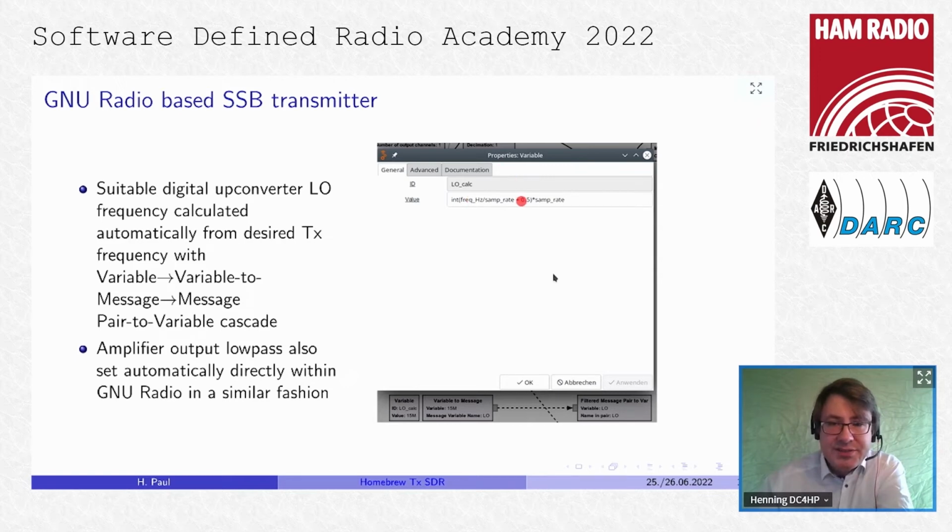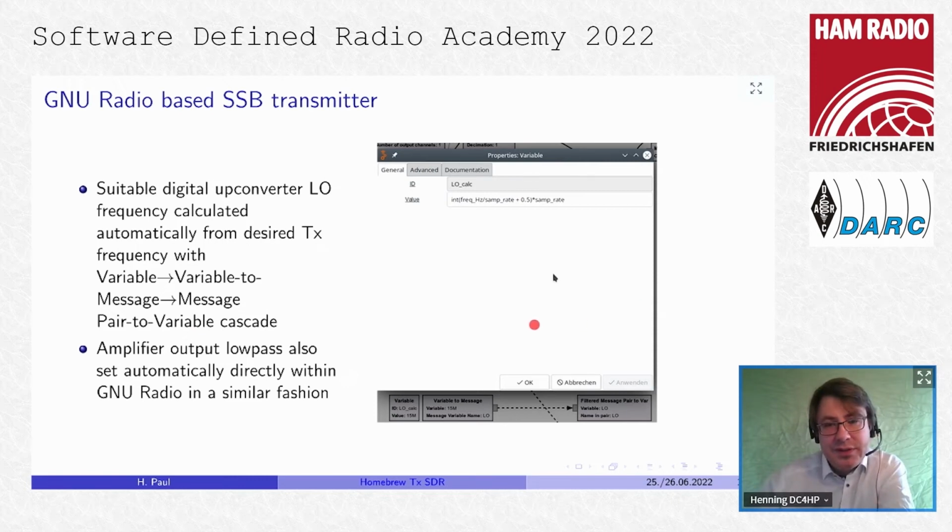I chose a variable block where I do the actual calculation. Then I have this variable monitored by a variable to message block. And if this variable changes, of course, a message is emitted. This message is then fed into a message pair to variable block, which will then in turn set a different variable.